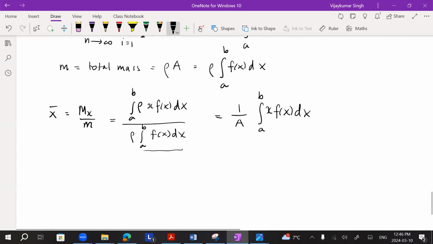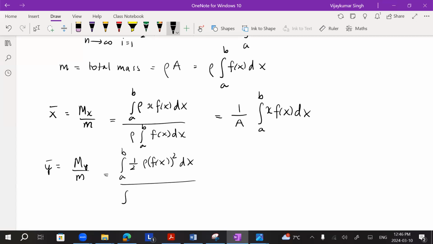Similarly, y bar is going to be My over M, which is going to be the integral a to b of half rho f of x whole square dx divided by the integral a to b of f of x dx.